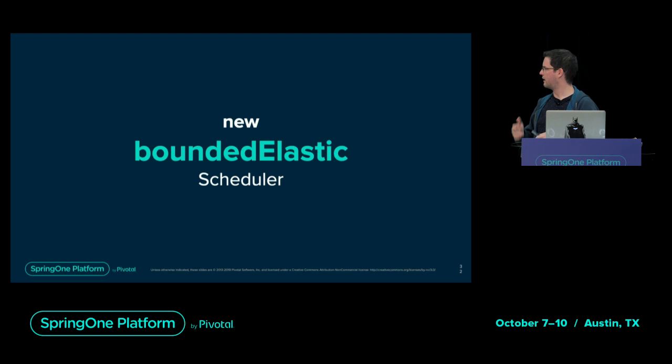But we think that with the bounded elastic variant, it actually makes sense to put a cap on the number of threads that the elastic scheduler can create. So with bounded elastic, there is a default cap, still to be determined, on the number of threads that it can create.